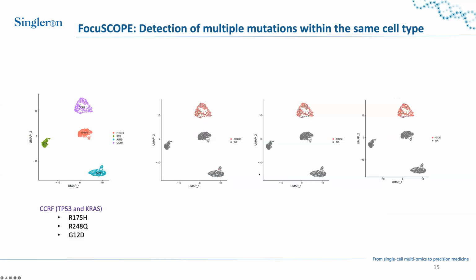And for the last cell line, CCRF, we detect 3 mutations in 2 different genes. Again, you can see the mutations are detected very specifically in the cell line. So we detect these mutations in the correct cells.